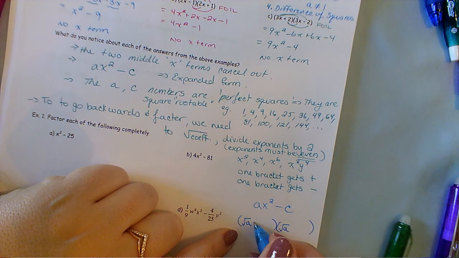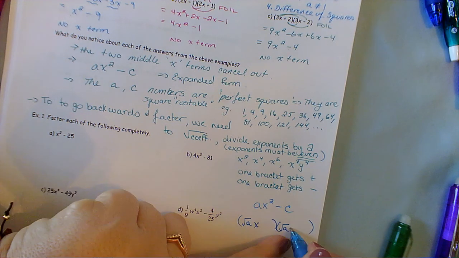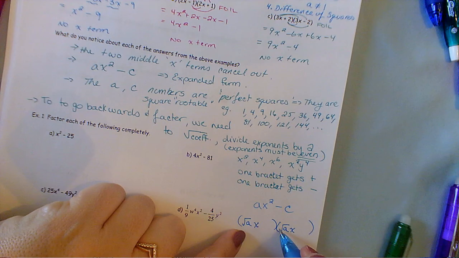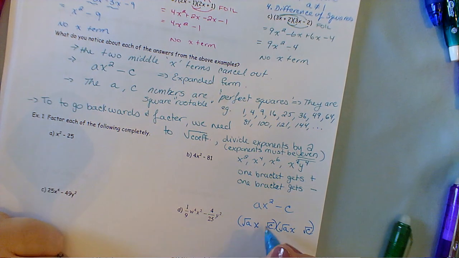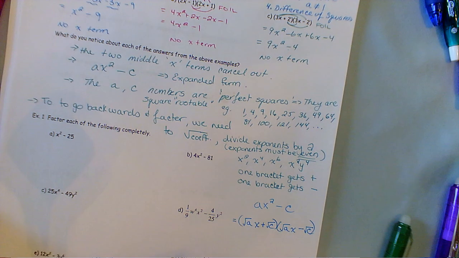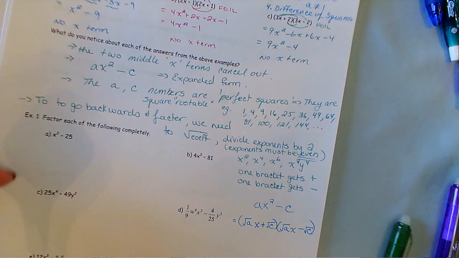He gets one portion, he gets the other portion. It was attached to the a, so it's attached to whatever the square root of a is going to be. Square root the back. So whatever the square root of that constant is, stick that answer in the back. One gets a plus, one gets a minus. So that's the pattern that we apply when we do what's called the difference of squares.